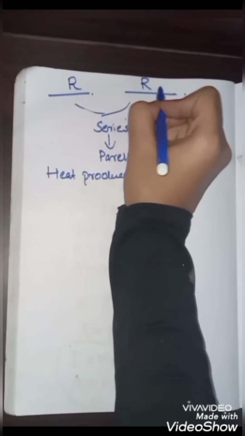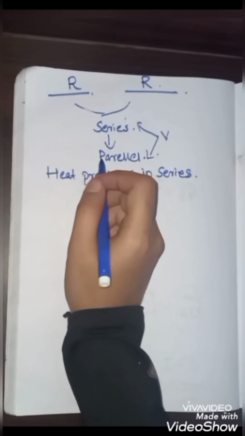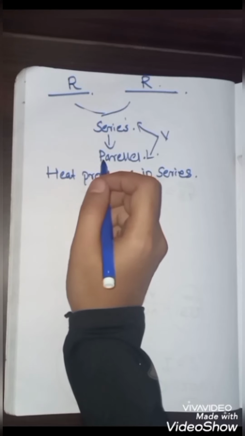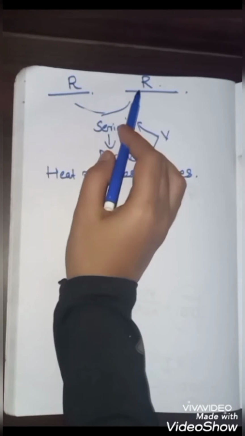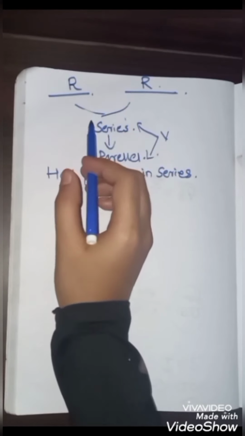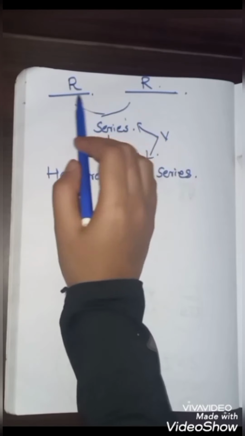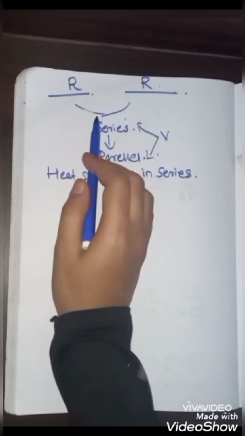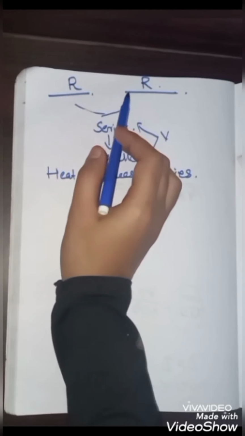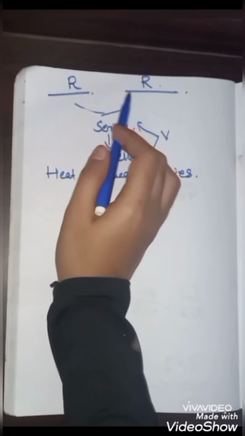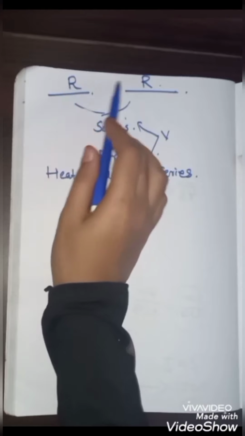We already studied the factors that the resistance depends upon: the nature of the material, the length of the wire, and the area of the wire. Here the material is the same, the lengths are equal and the diameters are equal, so the resistance will also be the same, and let it be R.